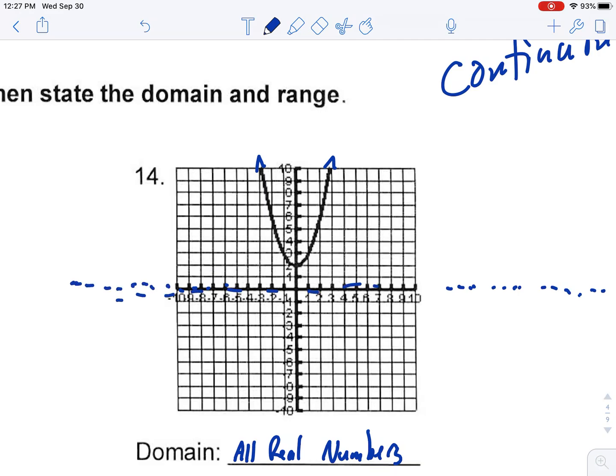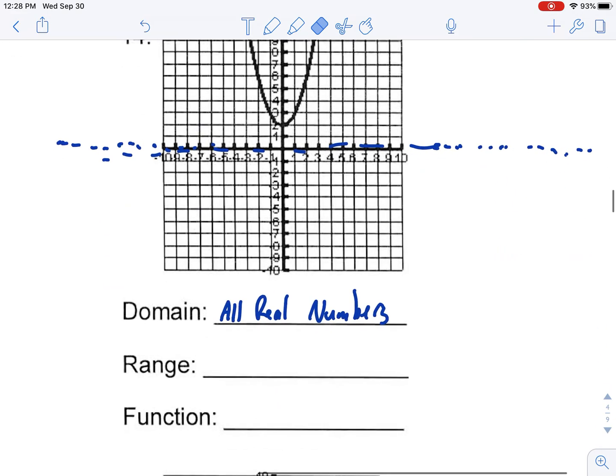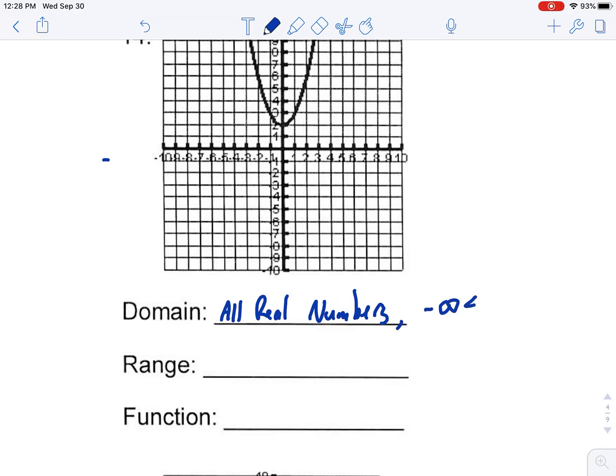Every x value has a y value somewhere on this shape that keeps going upward and outward to infinity. So all real numbers. Another way this is sometimes written is negative infinity is less than x is less than infinity. That means the domain goes from negative infinity to positive infinity.